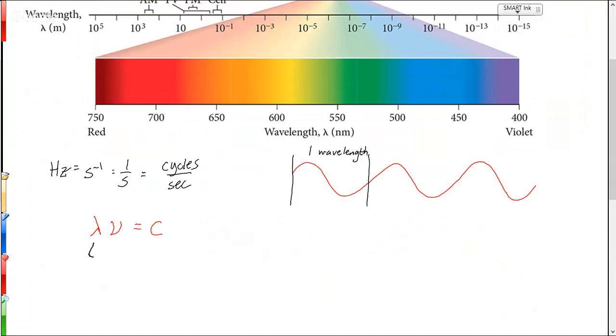So let's write that. And what is the speed of light? Yeah.